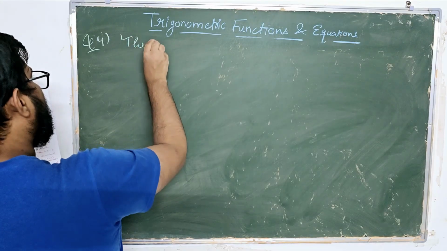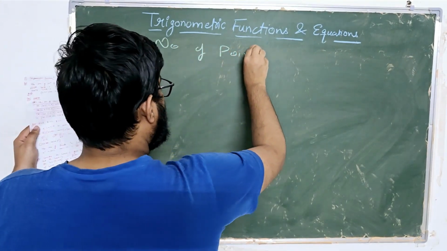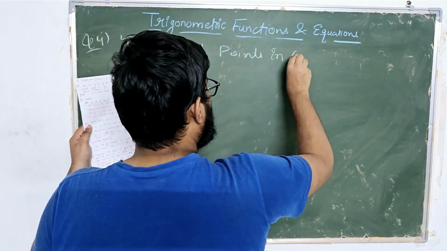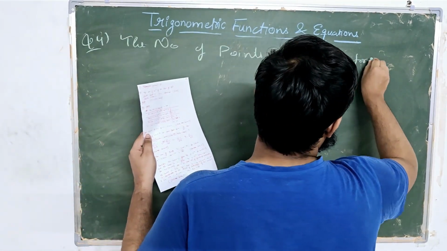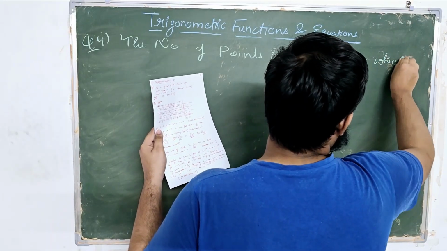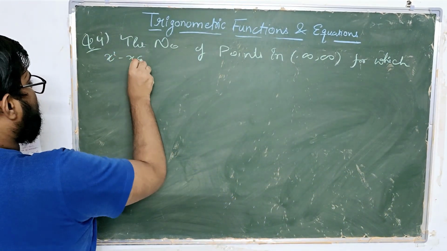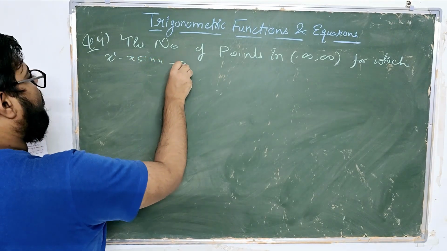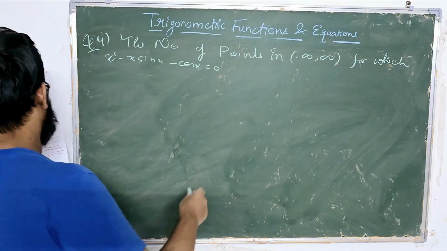The number of points in negative infinity to infinity for which x square minus x sine x minus cos x is equal to 0 is.